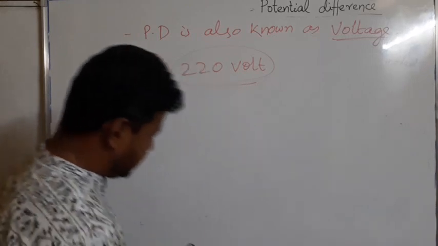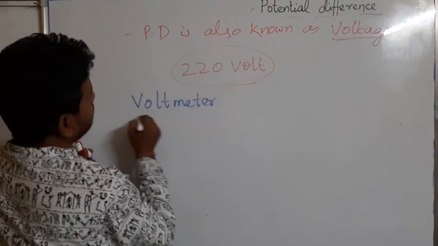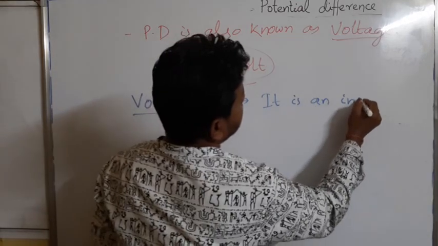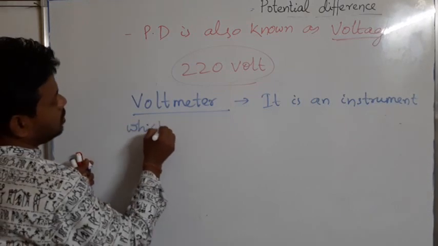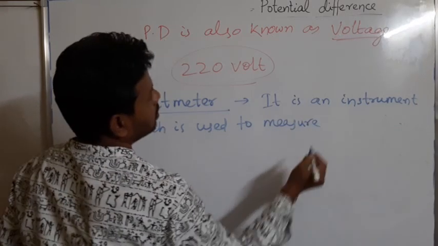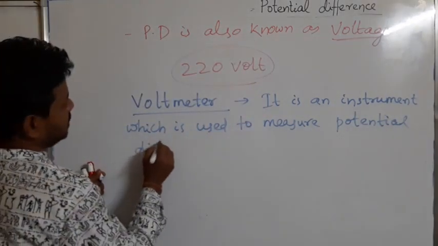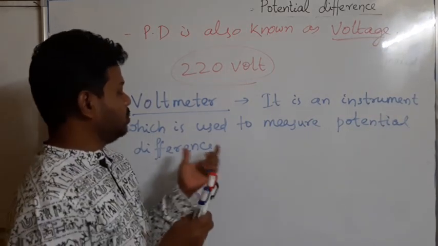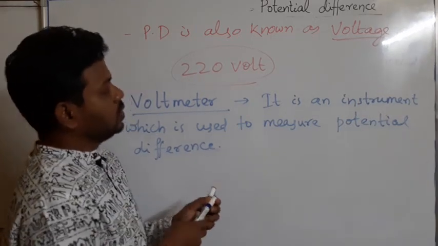There is an instrument called a voltmeter. What is a voltmeter? It is an instrument used to measure potential difference or voltage. If you want to measure the potential difference or voltage between two points, then we use a voltmeter.